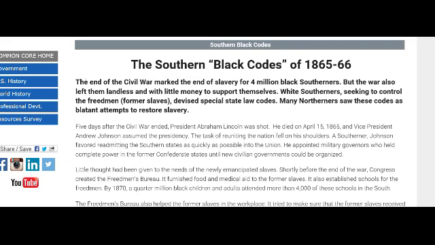So even after the South lost the physical war, the Civil War, and it marked the end of slavery, they took advantage of the new status created by devising special state law codes.